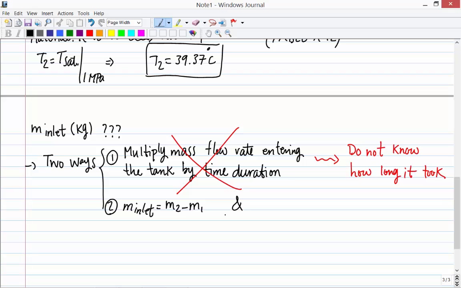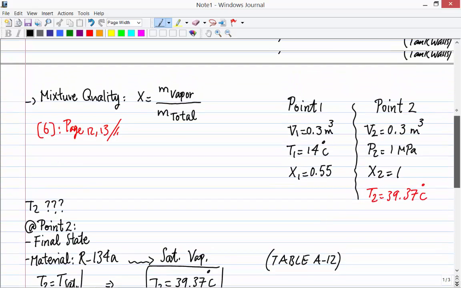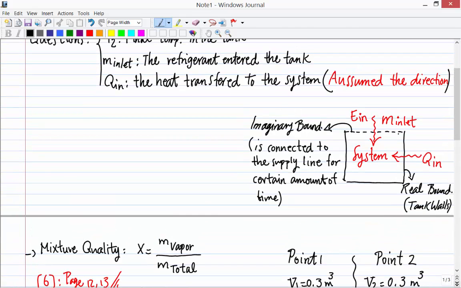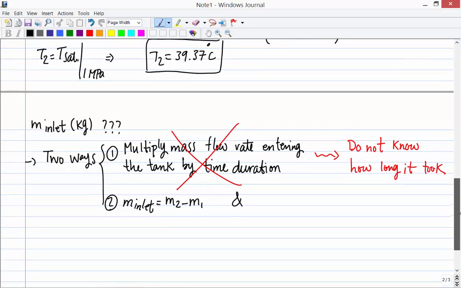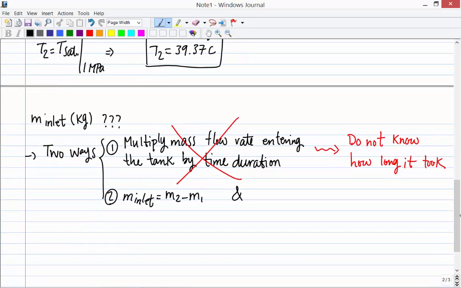Just forget that. We're somehow switching from an open system, which deals with flow rates and so on, to a closed system, which has just initial and final states. It's tricky here because I have an open boundary, the dashed line, but I'm kind of switching to the closed system. I'm defining an initial and final state, so it might be confusing, but think about it simply: before I open the valve, after I open and close the valve. That's it.